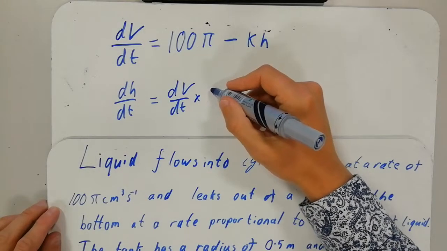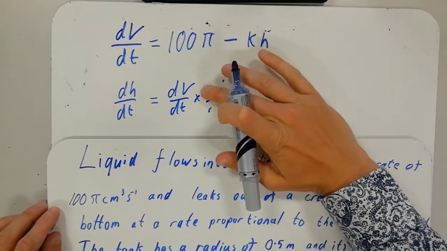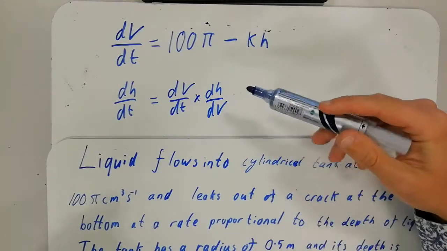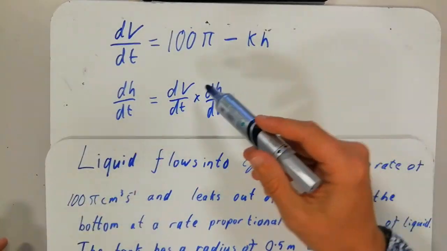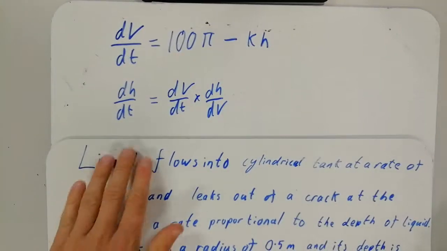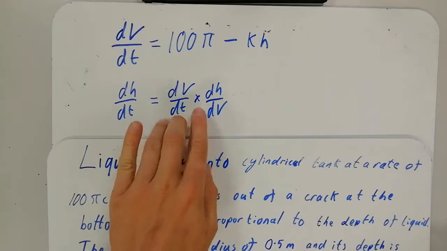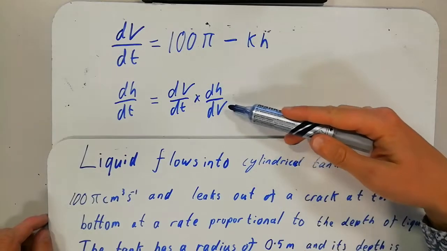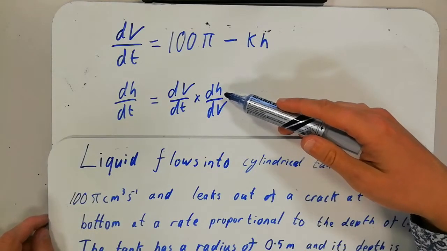If I multiply this by dh/dV, we can see that the dV will cancel out effectively. Okay, that will leave me with dh/dt. So write down what you want, write down what you know, and then think how can you use the chain rule to get rid of the one you don't want, in this case dV, and introduce the one you do want, in this case dh.